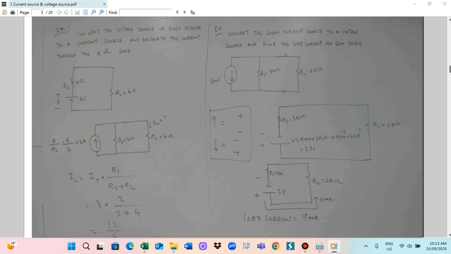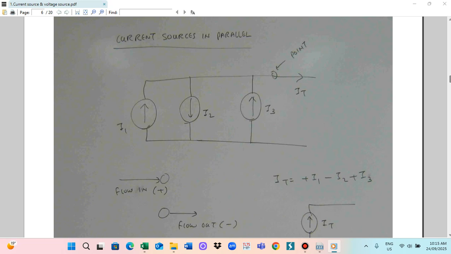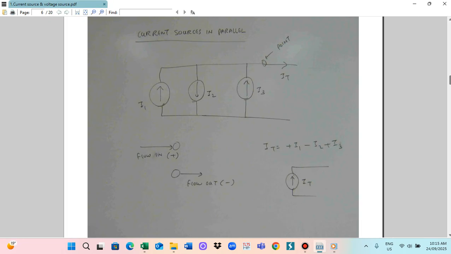Now, current sources in parallel. Sometimes our currents go like this: this is the current I1 going in this direction, this is I2 going in this direction, and I3 going in this direction. They are combined at this point. So how do we find I2?